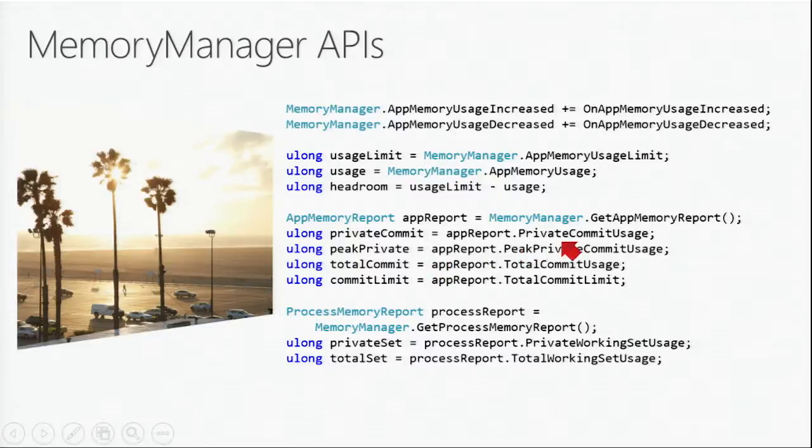But you can get the private commit on its own if you want. The total commit usage is going to be the same as the app memory usage. The total commit limit is going to be the same as the app memory usage limit. If you're only interested in those values, you can query those properties directly. But if you want to get all of these things at once, in an atomic way, where you know a snapshot is taken at exactly the same time, then call the method.